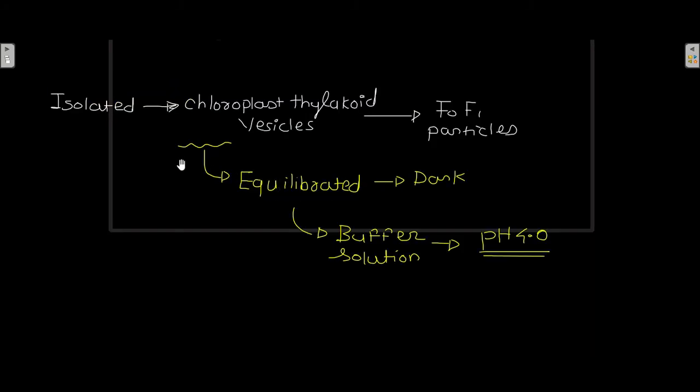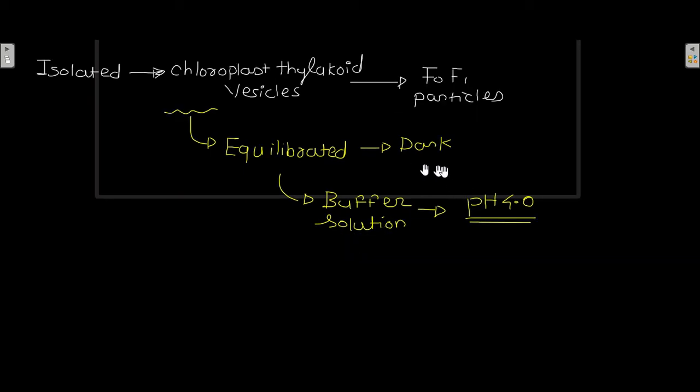They took isolated chloroplast thylakoid vesicles which had F0 and F1 particles in them, and equilibrated them with a buffer solution in the dark at pH 4.0. Two conditions were there: it was dark and the pH was 4.0.